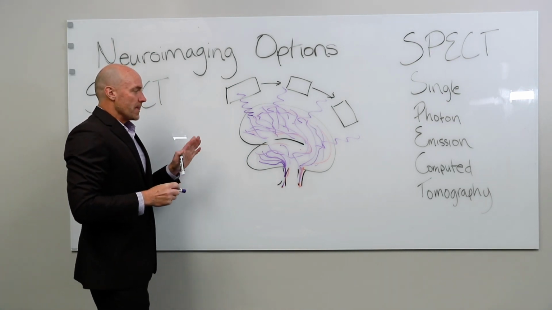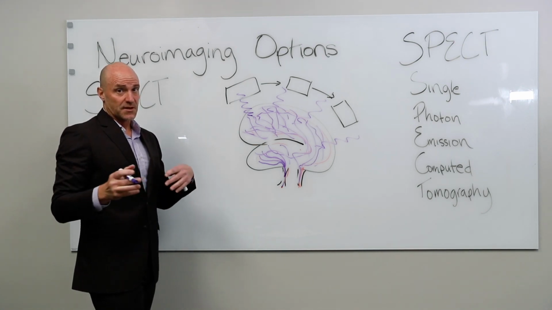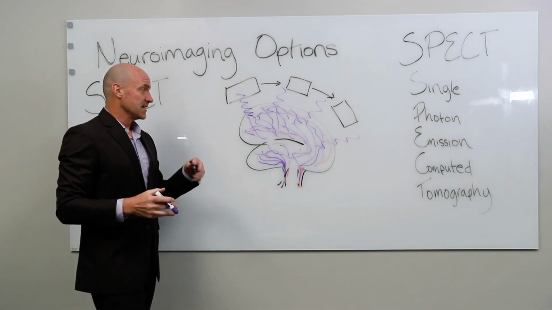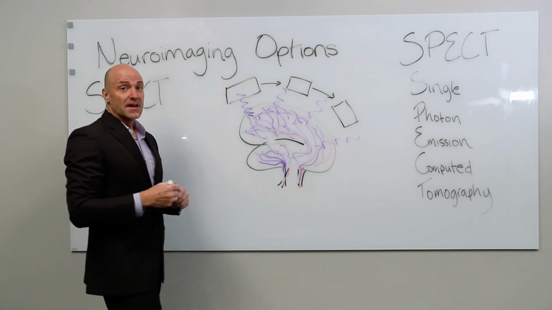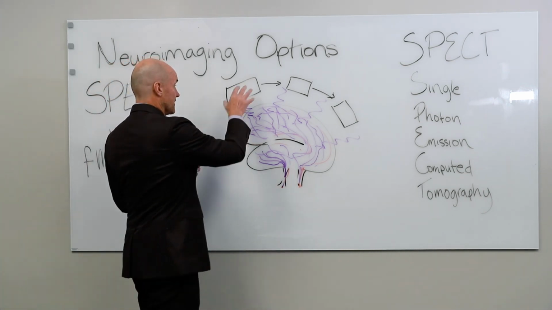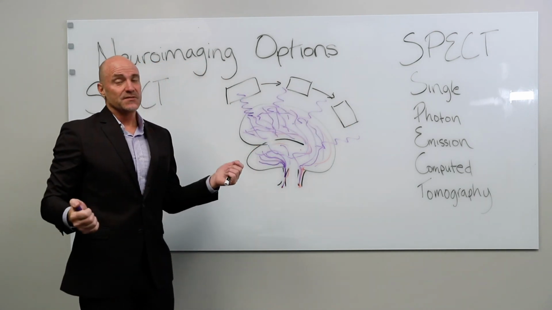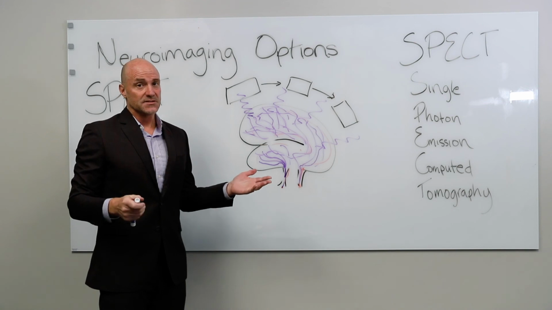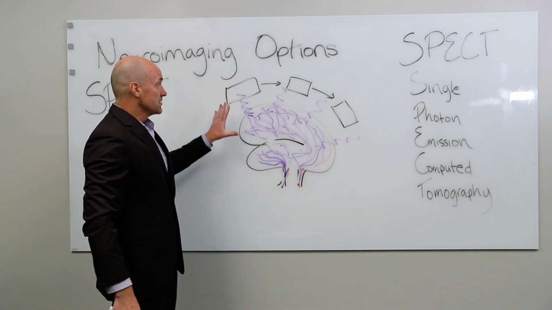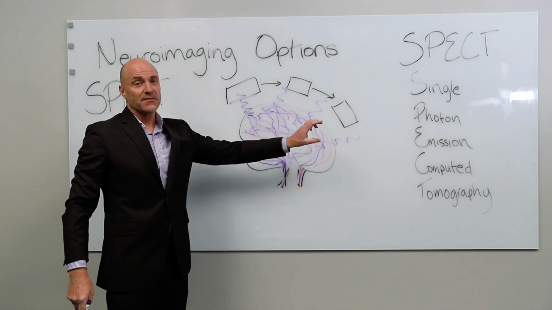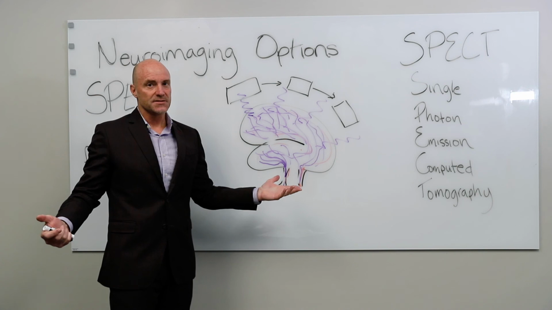Now this all happens prior to when they're even imaged. So they sit in a room, they do this task, the radiation collects in all these areas of the brain. Then they go and get imaged, so these cameras are placed. And this is maybe 15 minutes or more after they've been injected, at least. And so these cameras are kind of picking up after the fact where stuff was going on while they were doing the concentration task.